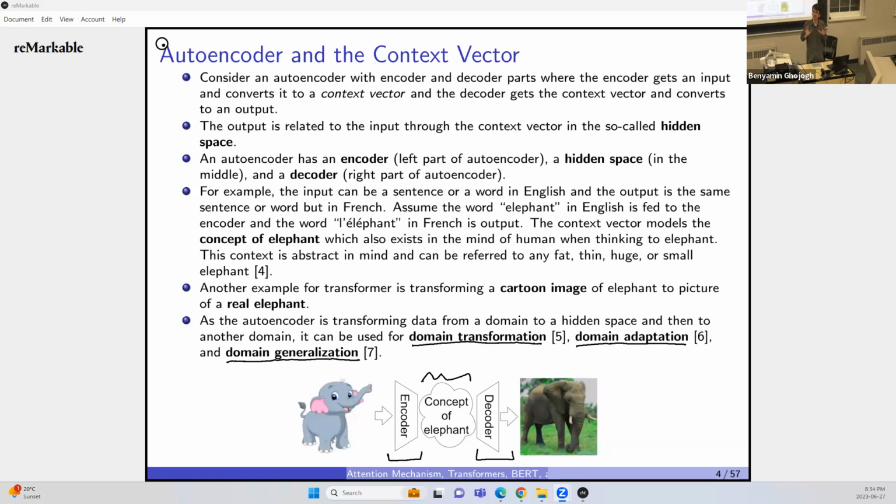So in training phase, we learn all of the domains that we can. Then in the test phase, whatever domain comes, we can adapt to that. In domain generalization, we learn some domains. However, in the test phase, we might have a new domain. We learn it in a way that it can handle an unseen domain which wasn't used in training. So domain generalization is a bit harder than domain adaptation. Okay, that's fine.